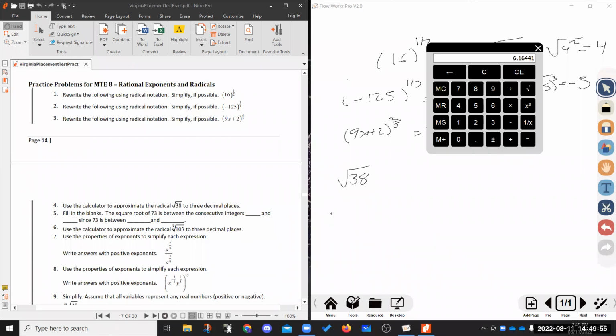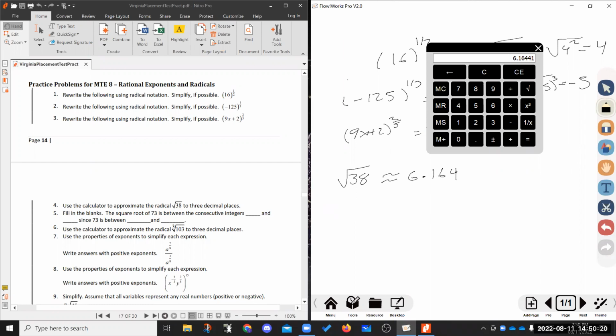Some calculators, if you have a scientific calculator, you put the square root sign in beforehand. If you have a basic calculator like this, you have to put in the square root afterwards. So this is approximately 6.164, since it wants us to round to the nearest thousandth.